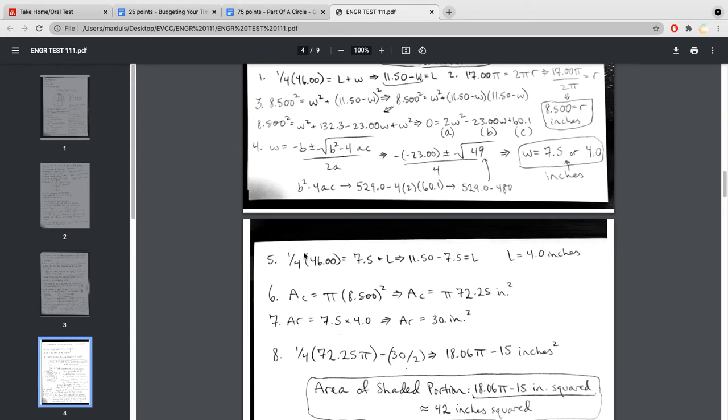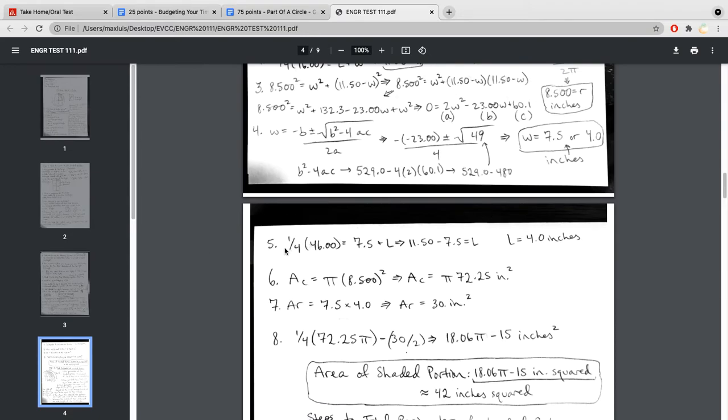But going on, and just to prove that, we go back to 1/4 of the perimeter of the large rectangle is equal to the width of the small rectangle plus the length of the small rectangle. So we get 11.50 minus 7.5 is equal to the length of the small rectangle, which is 4.0 inches, because we used 7.5 for width.